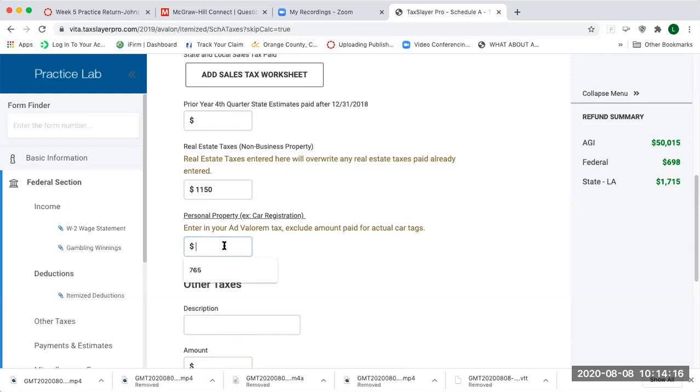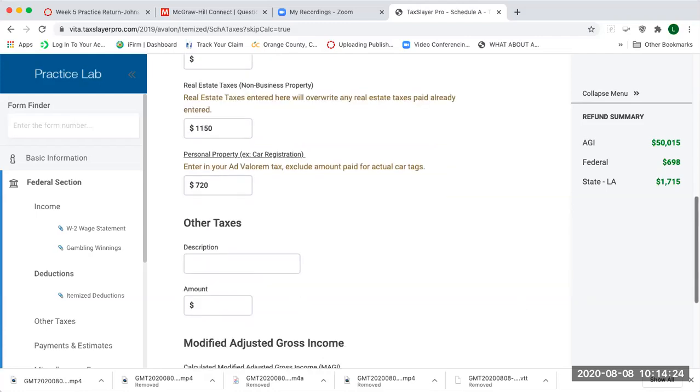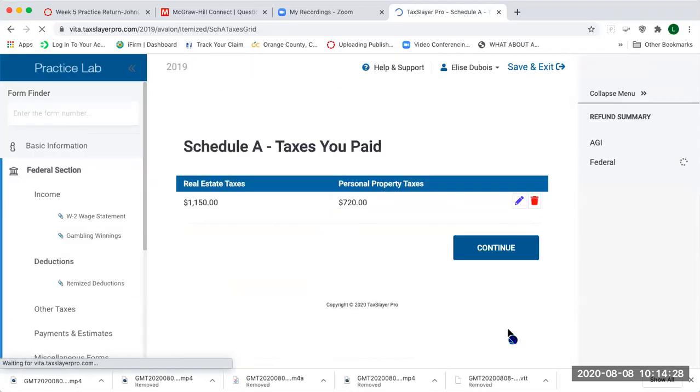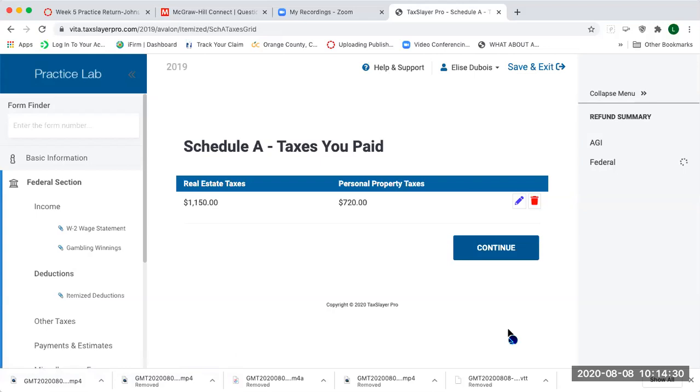Generally, it's like car registration. So personal property taxes paid was 720. So if you were to input for a client or even for yourself, you want to group the deductions together. So you just go into one screen and then input everything instead of going back and forth. The way that the information is presented here, it's not grouped together.